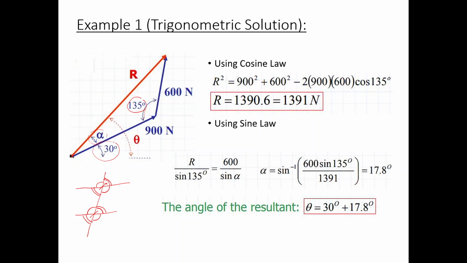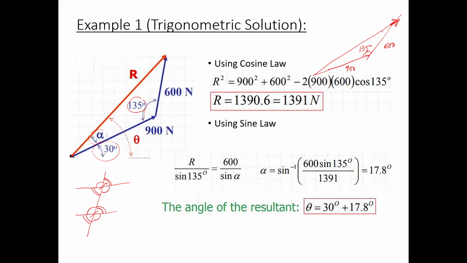Notice that in our diagram we have 900, the resultant force here, 600, then 900, and this one is 135 degrees.